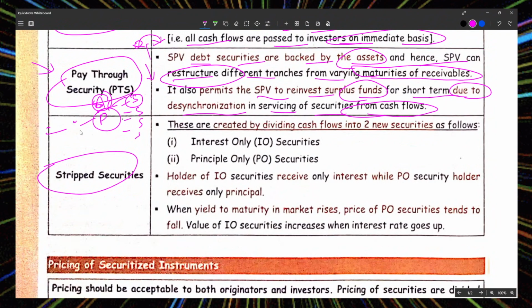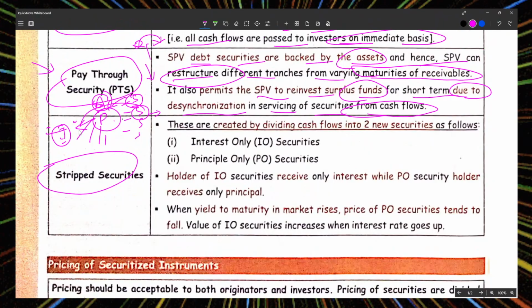Now, when I want to pay, I have a number of investors. When I want to pay this investor, I have a gain from the security, but actually this tranche is not directly linked to this investor. That is the issue. The investors are linked to the SPV, and the SPV is linked to assets. There is no direct link from asset to investor. That is the pay through security.